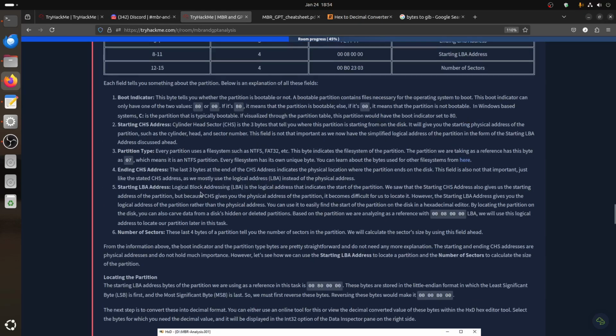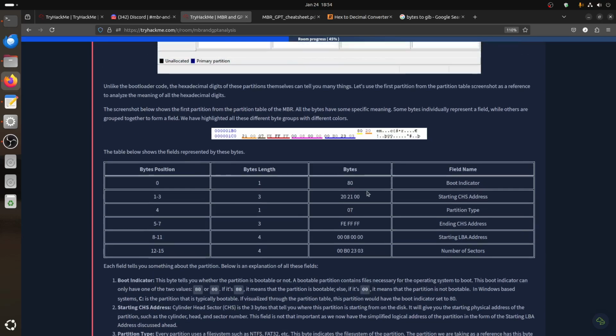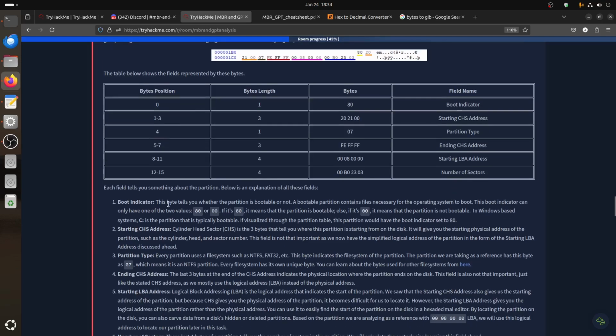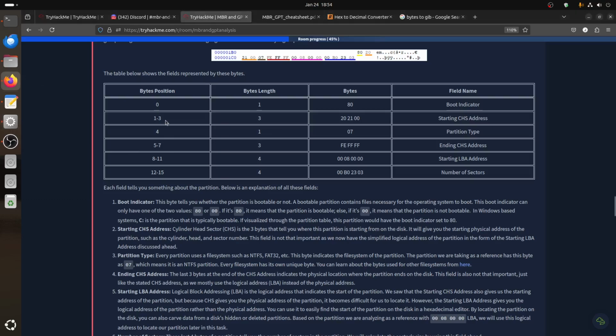If we go now to our table, the boot indicator is either 80 or 00. If it's 80, it means the partition is bootable. That makes sense because that's the first partition, where it boots from. The second partition is 00, so it's not bootable. Then we have the next three bytes, which we're not interested in, the hardware.